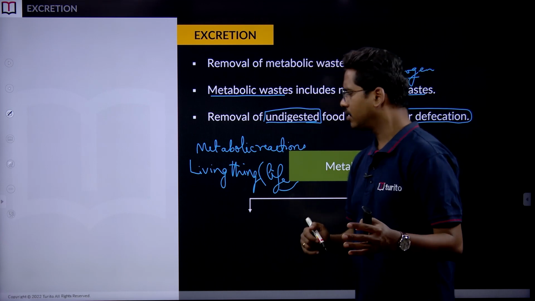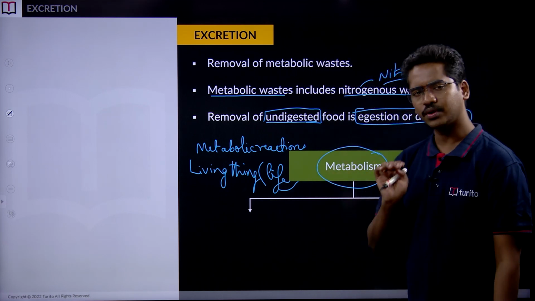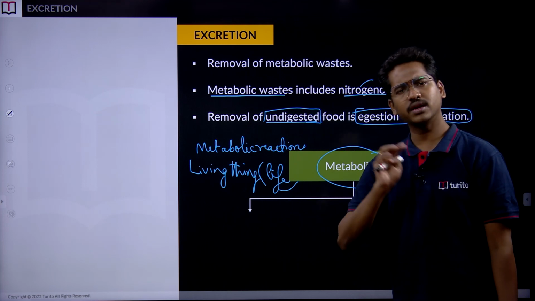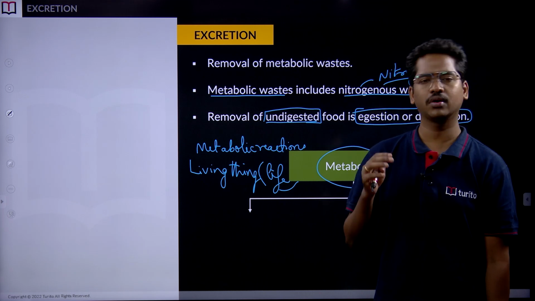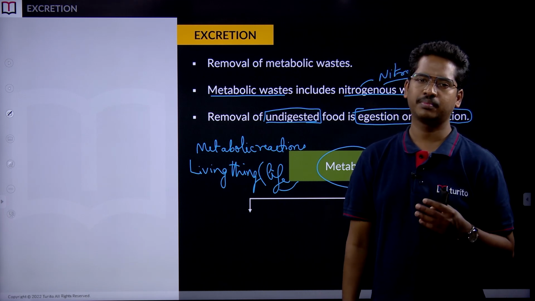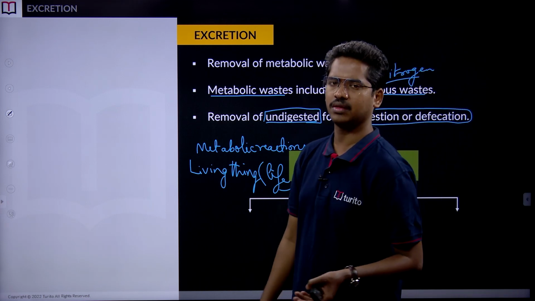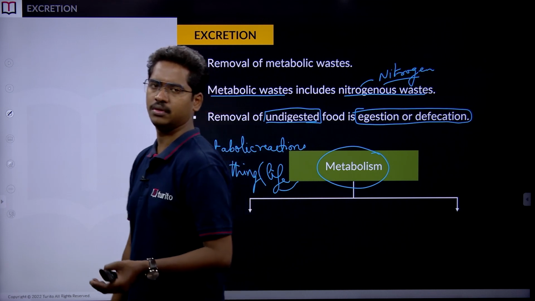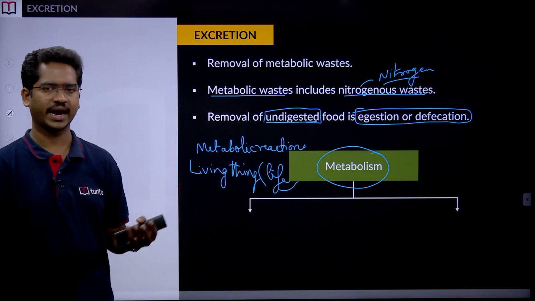You agree with that? When that is the case, metabolism has to do with several thousands of reactions occurring within a living organism. That is quite common for plant cells, animal cells, bacterial cells, fungal cells, all of them. They all perform these metabolic activities.